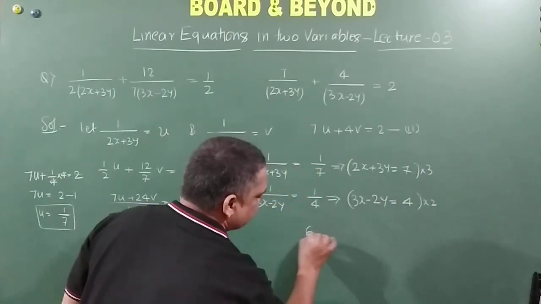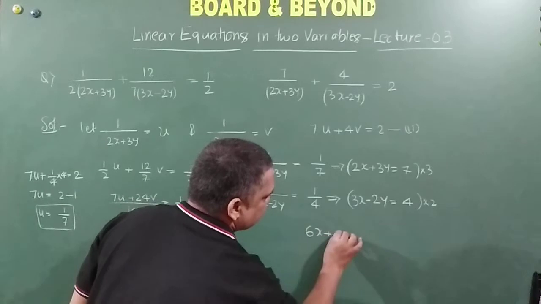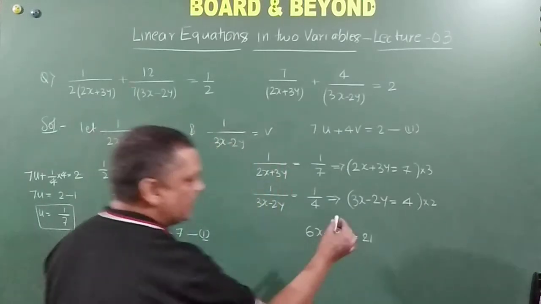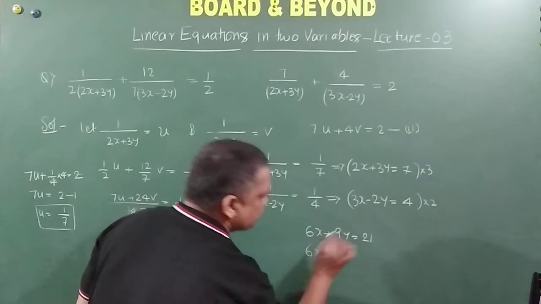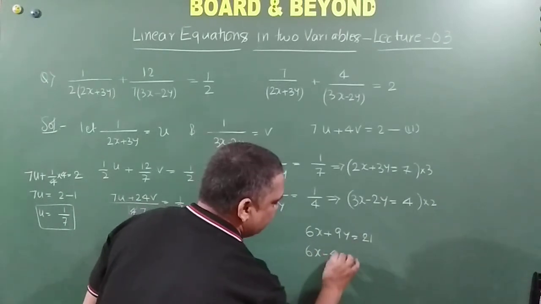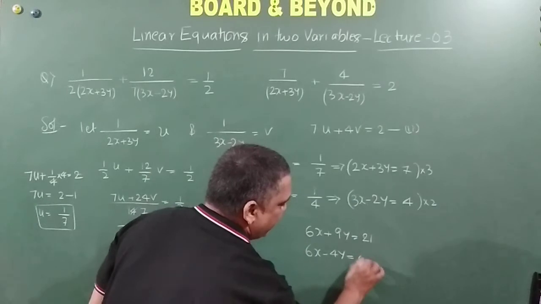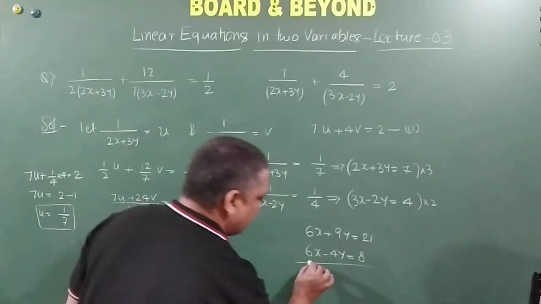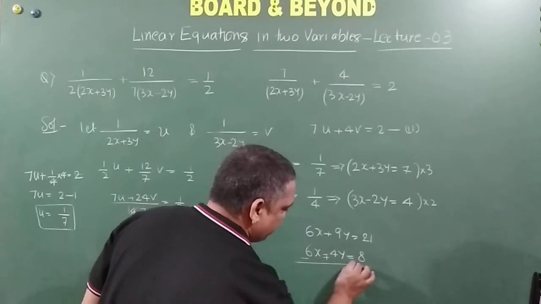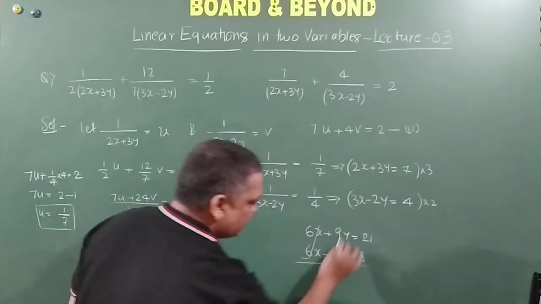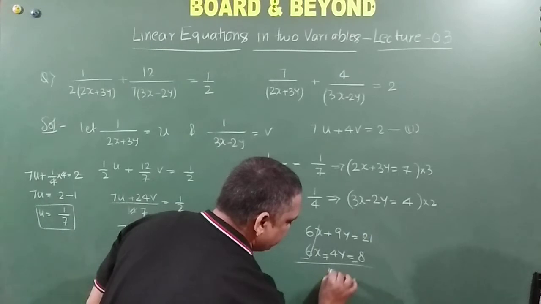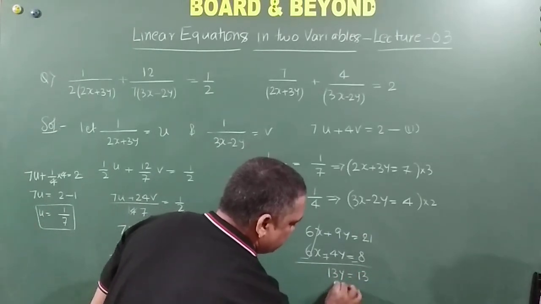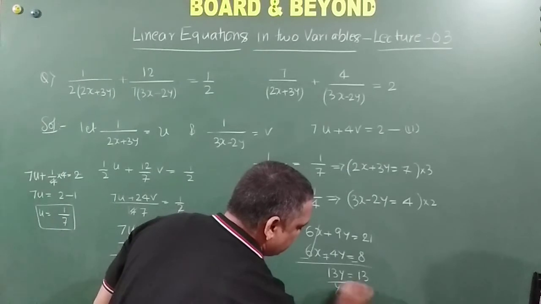This becomes 6x plus 9y is equal to 21, and this becomes 6x minus 4y is equal to 8 after multiplication. Now I'll just subtract. This gets cancelled and this becomes 13y is equal to 13, giving me y is equal to 1.